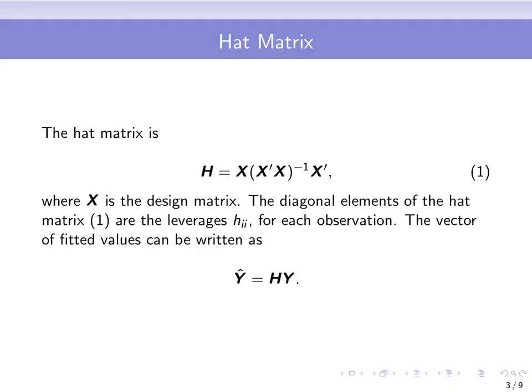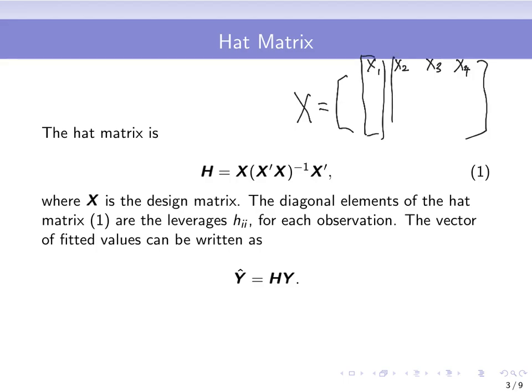The hat matrix is defined in equation 1, where X is the design matrix. The design matrix is basically, if you imagine your spreadsheet, each column represents each predictor. So let's say you have a 3 predictor model. This column represents the values for each individual in the first predictor, second predictor.